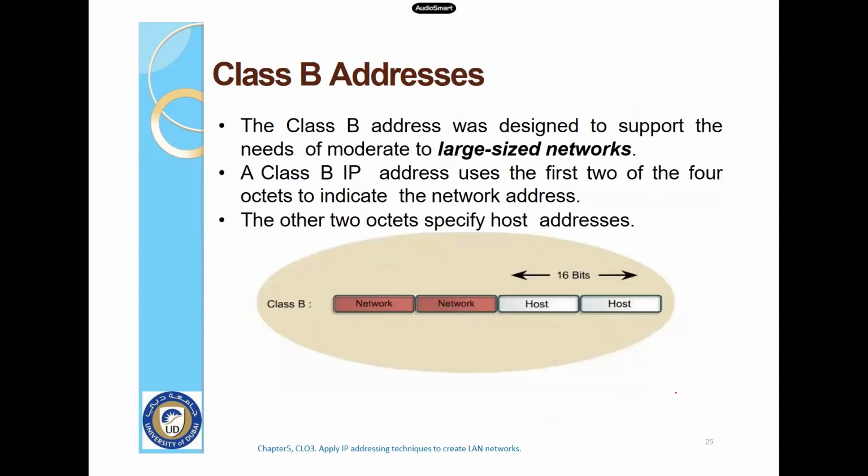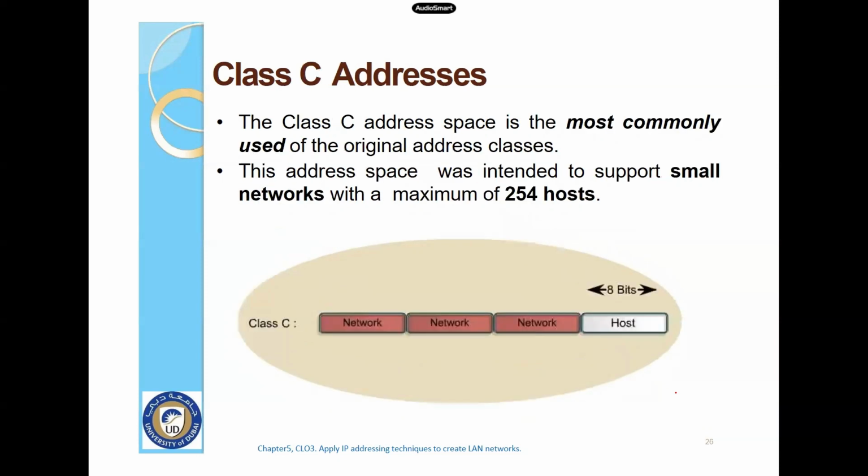Class B is for moderately large networks, with 16 bits or 2 octets for the network and another 2 octets for the host. Class C is for the typical networks used. Class C address space is the most commonly used one, as you have seen on my computer. This address was intended for small networks with a maximum of 254 hosts.